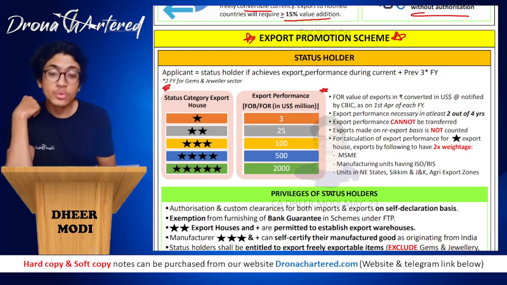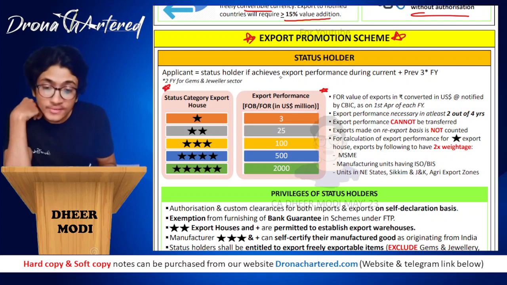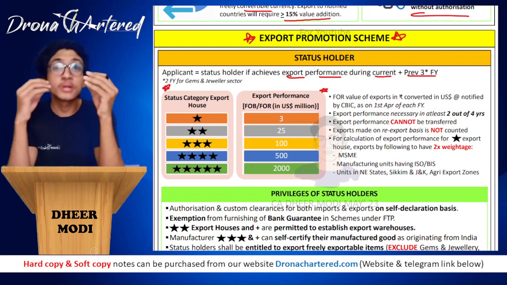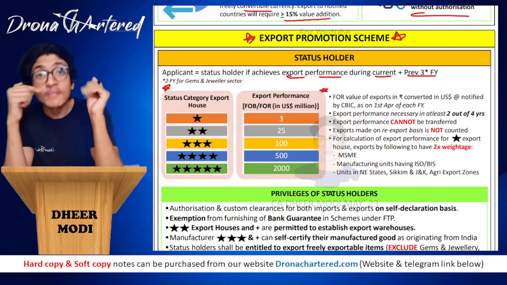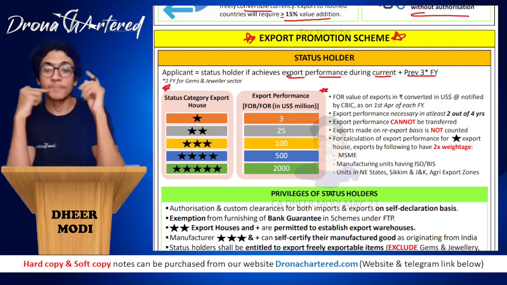So status holder. Now what is the status holder? The applicant is the status holder if it achieves export performance during the current and previous 3 financial years. So there are certain amounts specified that, boss, you have to export this much. Only then we will call you a status holder. Okay.